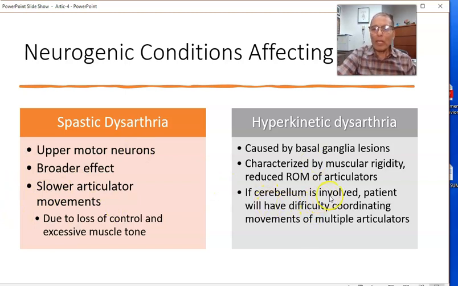If the cerebellum is involved, the patient will have difficulty coordinating movements of multiple articulators. So if you have them say pa pa pa, patika patika patika, they would have difficulty coordinating that. This is simply because the cerebellum gives us feedback. The cerebellum coordinates muscle function by having a copy of the plan of what you want to do.